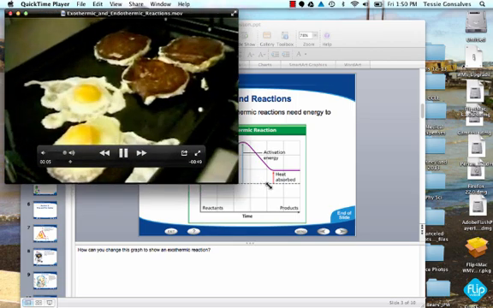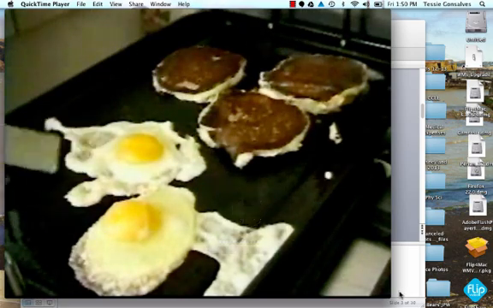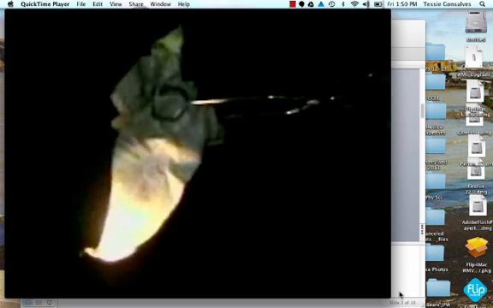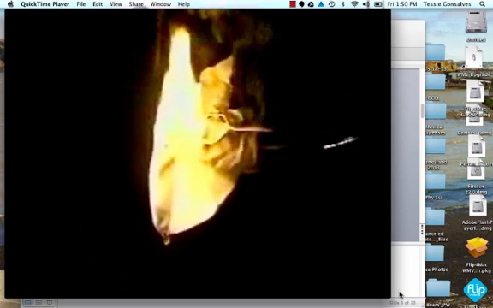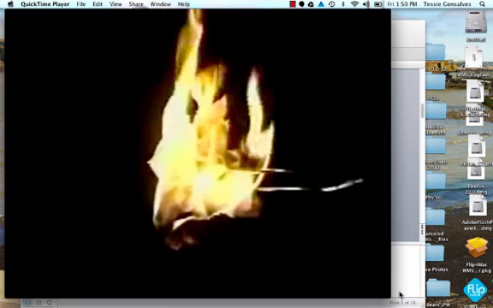Chemical reactions involve energy being given off or being absorbed. While energy is neither created or destroyed, it does change form or position. An exothermic reaction releases energy. Heat is given off in an exothermic reaction, as in this burning piece of paper.